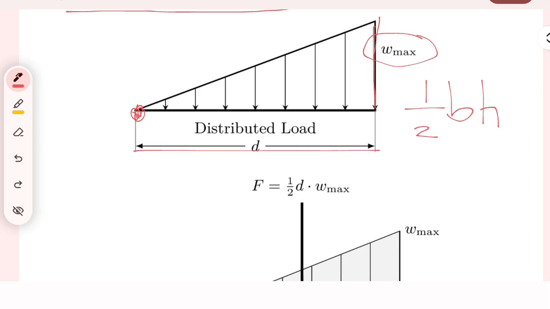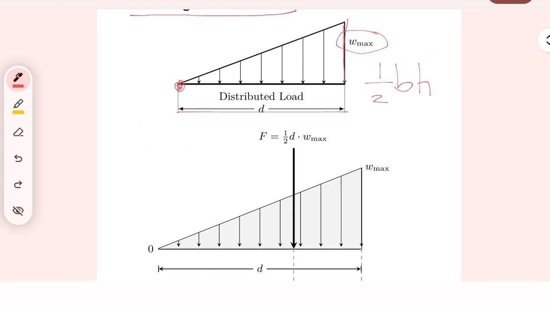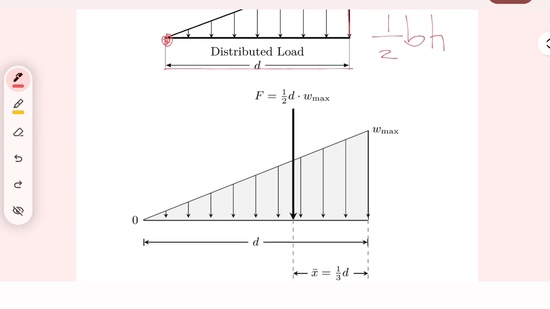That means the triangular loading can be replaced by a single load, and that single load is equal to 1/2 d times w: 1/2 of the base d and the height w, or simply the area of a triangle. So the force F equals 1/2 d times w, and that is the value of the single force.